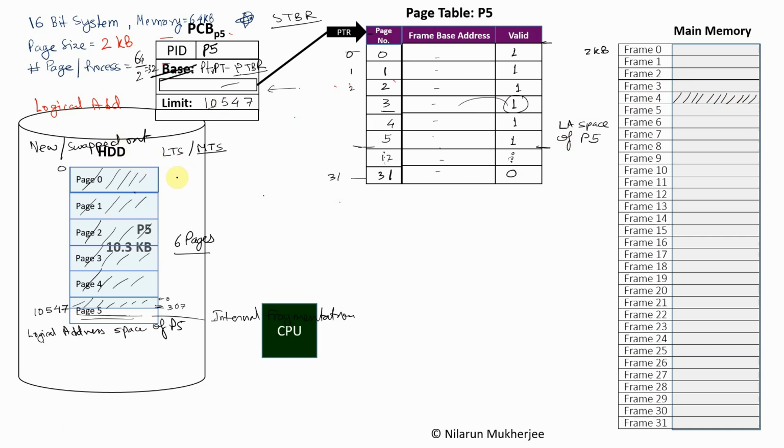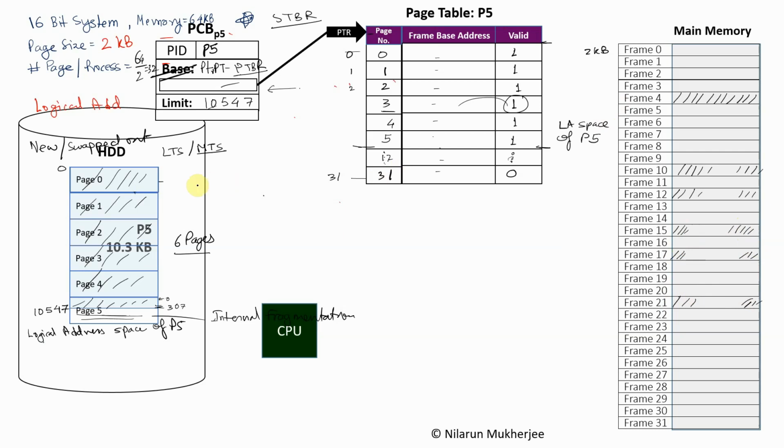The page 0 is loaded here, page 2 is loaded here, and page 3 is loaded here, page 4 is loaded here, page 5 is loaded here, and page 6 is loaded here.